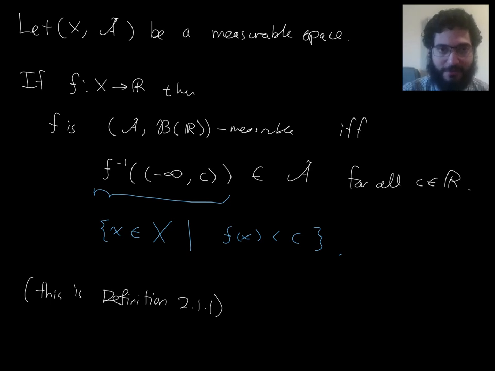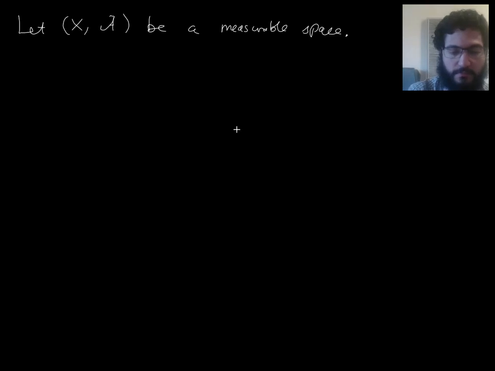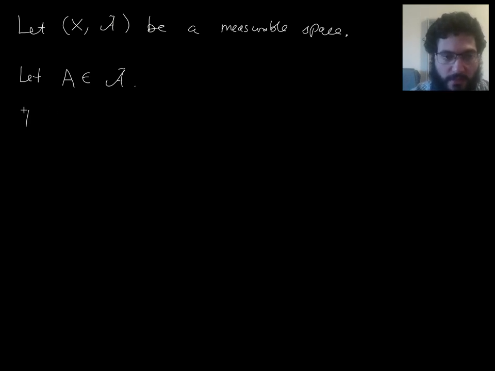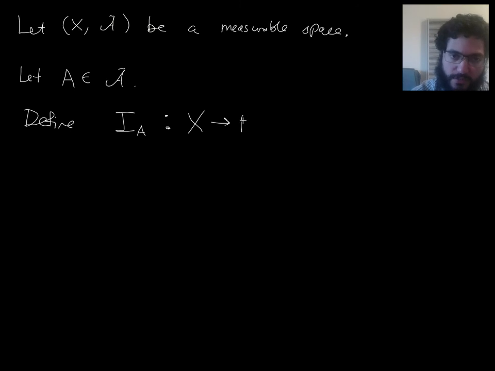All right, I think we're now ready for an example in this more specific setting of real valued functions. So let (X, A) be any measurable space. So A is just some sigma algebra. And let's fix any measurable set, so any A in script A. Then there's a function we can define, which I'll call I sub A. This is sometimes called the indicator function on A, and it'll be a function X to R, real valued.